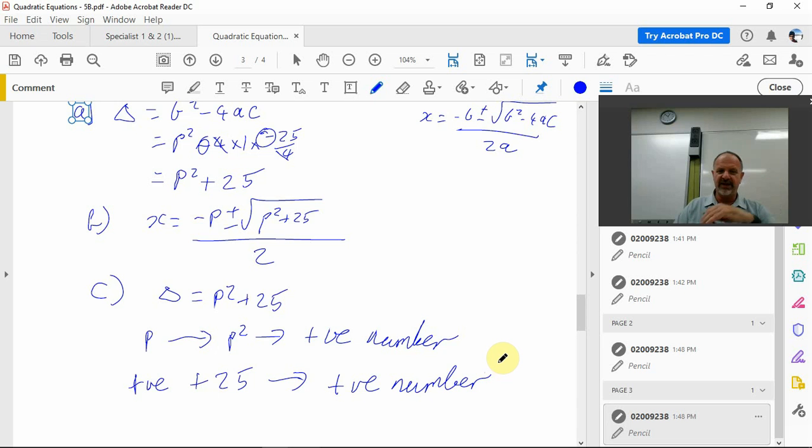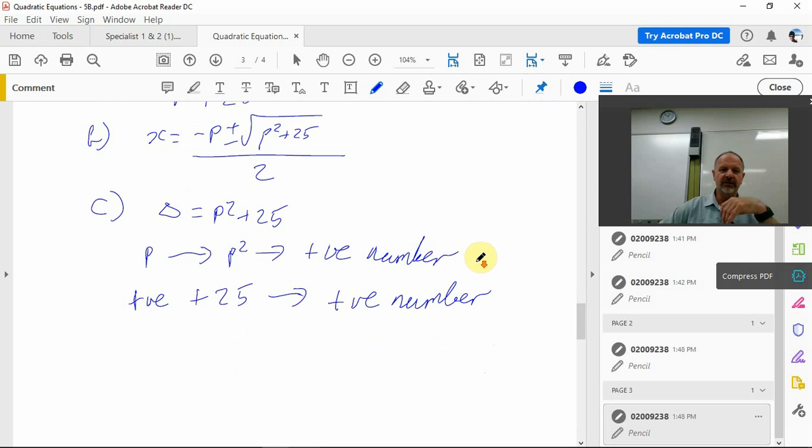So from that, the discriminant is always greater than 0. What that means is there are two solutions.